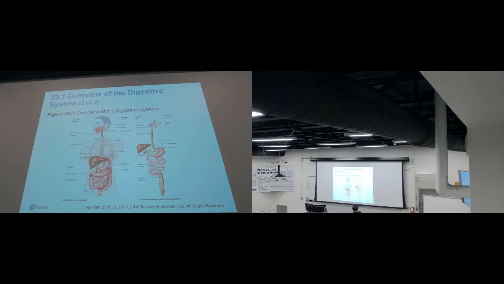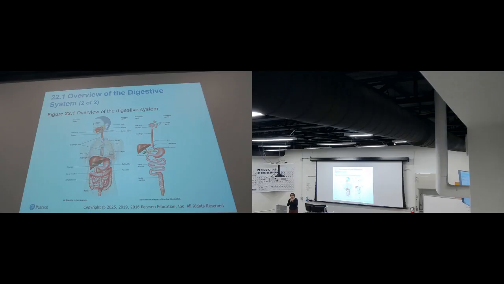Here is the physical view of all of these components of the digestive system. So here's the oral cavity. In the oral cavity, we have the tongue, and we have paired major salivary glands, like the parotid glands that we have here on the external surface of the masticatory muscles.